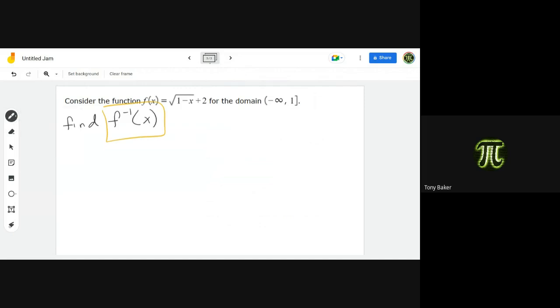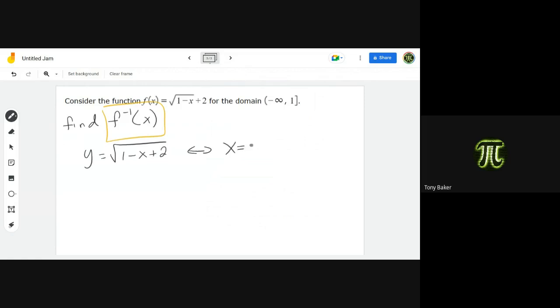To find an inverse, we switch x and y. So we're going to rewrite this problem as y equals the square root of 1 minus x plus 2. To do my inverse, I'm going to switch x and y.